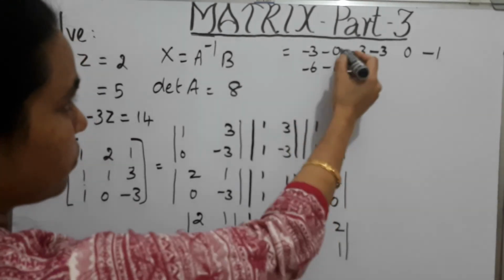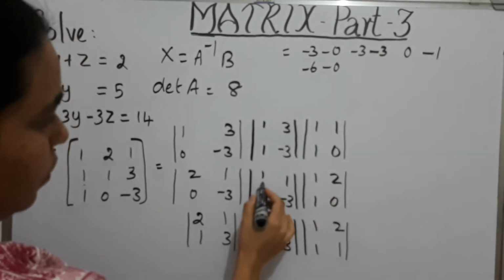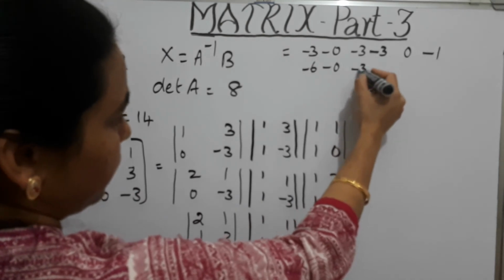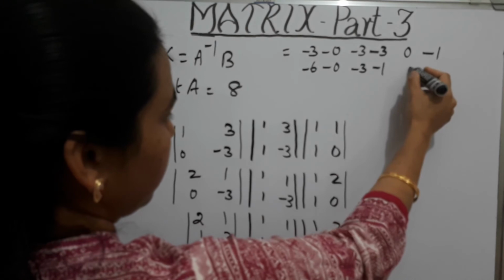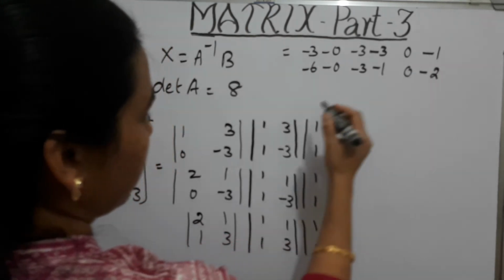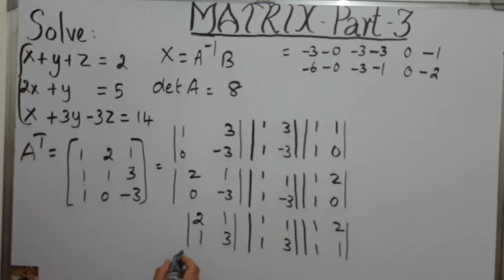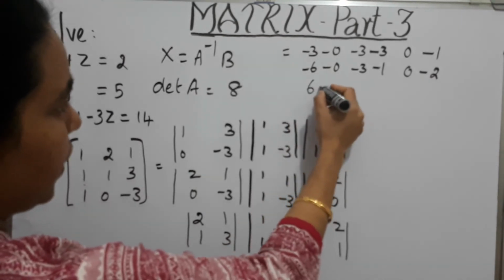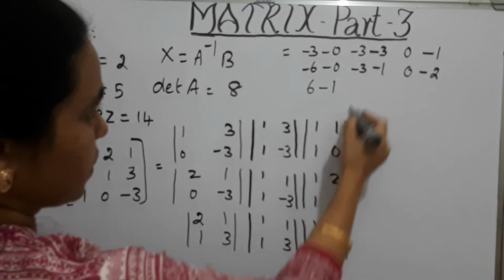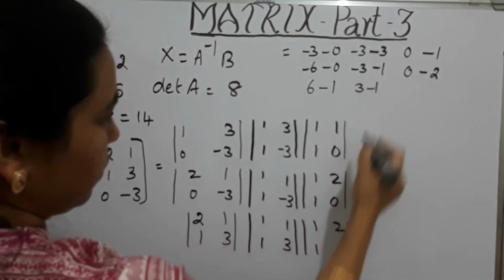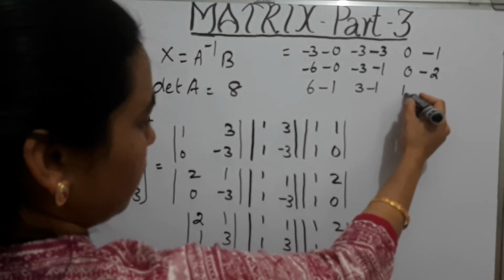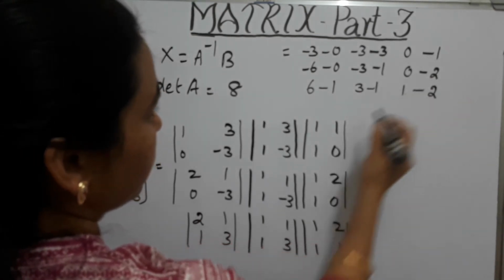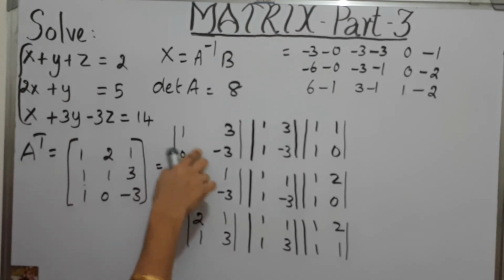And then 1 times minus 3 is minus 3, and then minus 1. And here 1 times 0 is 0, minus 2. And then you have 2 times 3 is 6, minus 1. And then 1 times 3 is 3, minus 1. And 1 times 1 is 1, minus 2. So 1 times minus 3 is minus 3.